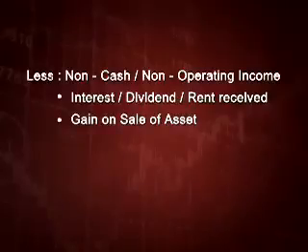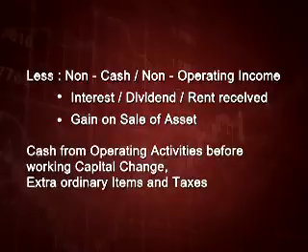Now what you get is cash from operating activity before working capital changes, extraordinary items, and taxes. Now you have to do working capital changes, extraordinary items, and tax. So these three steps will follow to calculate cash from operating activity.